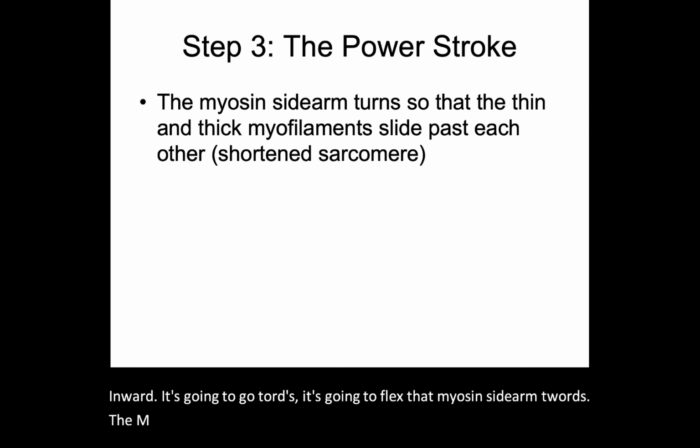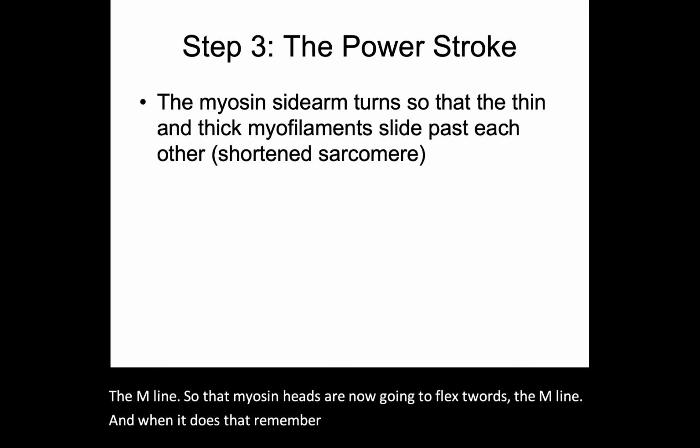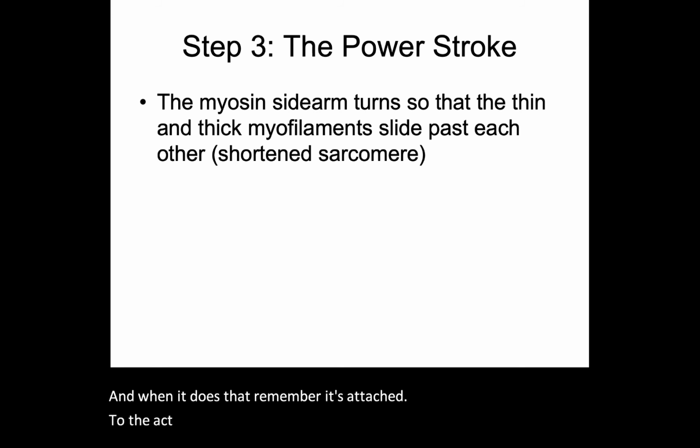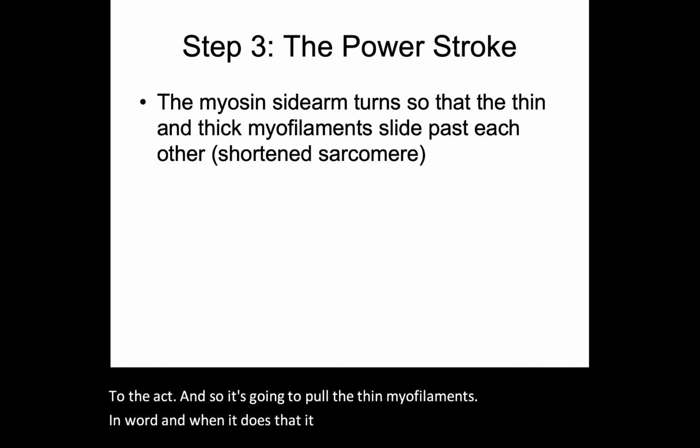Right? So that myosin heads are now all going to flex towards the M line. And when it does that, remember it's attached to the actin. So it's going to pull the thin myofilaments inward. And when it does that, it shortens the sarcomere.